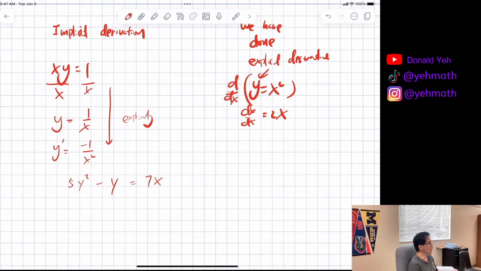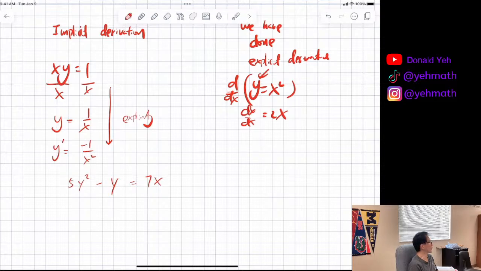Is it possible to solve for y? Why not? Can I isolate y in any way? This is still a function. Actually, I don't know if this is a function because I think it fails the vertical line test. But it's still an equation.